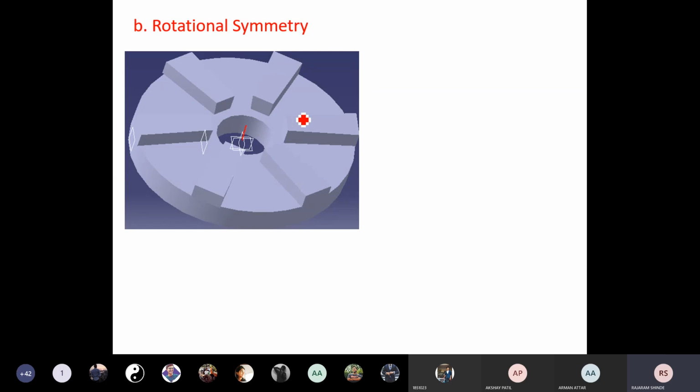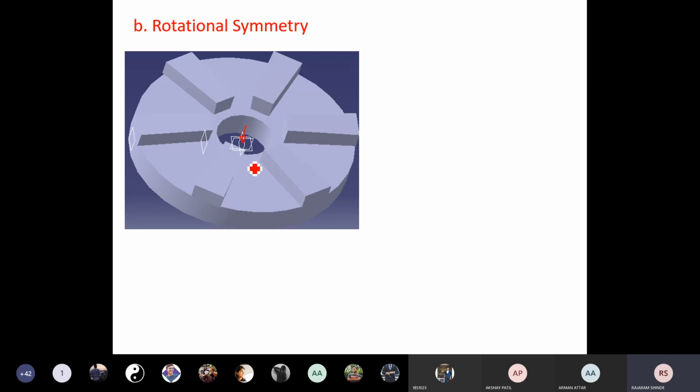And one more thing, if loading is symmetric about the rotational axis, that means suppose there is a uniform pressure on this surface, or one single load at the center of this domain, that means on the axis here. Okay, it will develop the same effect around the rotational axis.